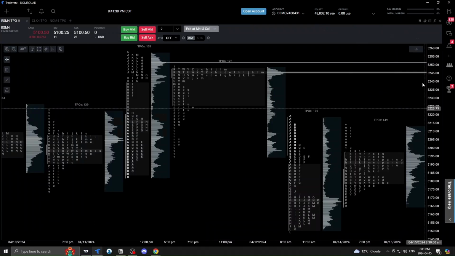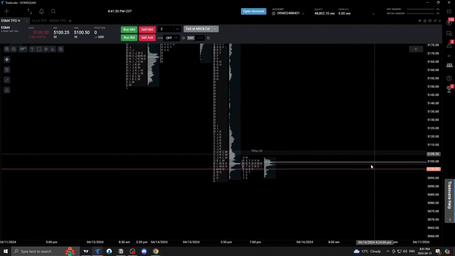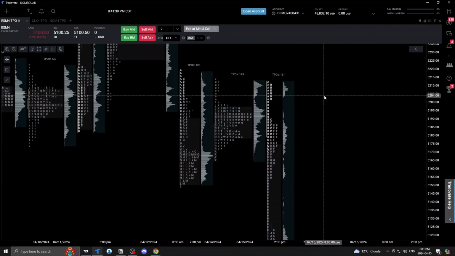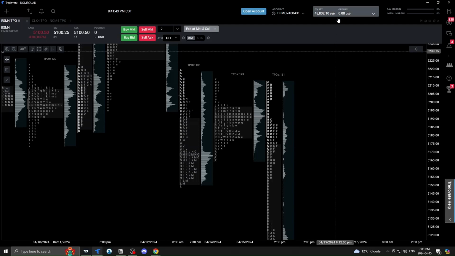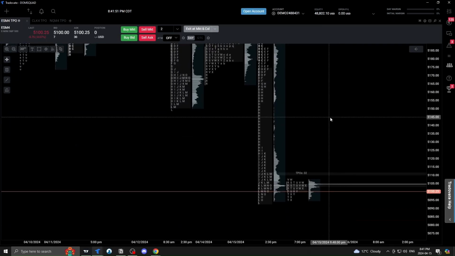I always start with the TPO and the time price opportunities. This is one of my favorite charts to use for getting a higher time frame read, just because it's so valuable in what you can take from it.